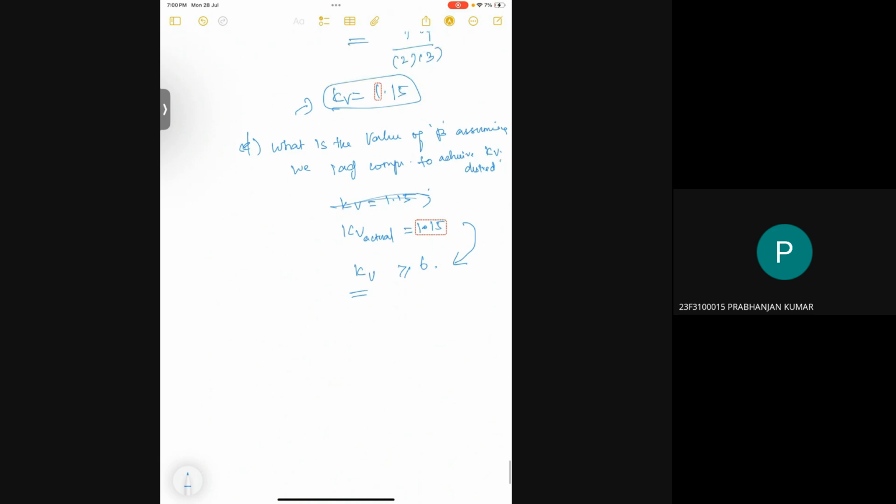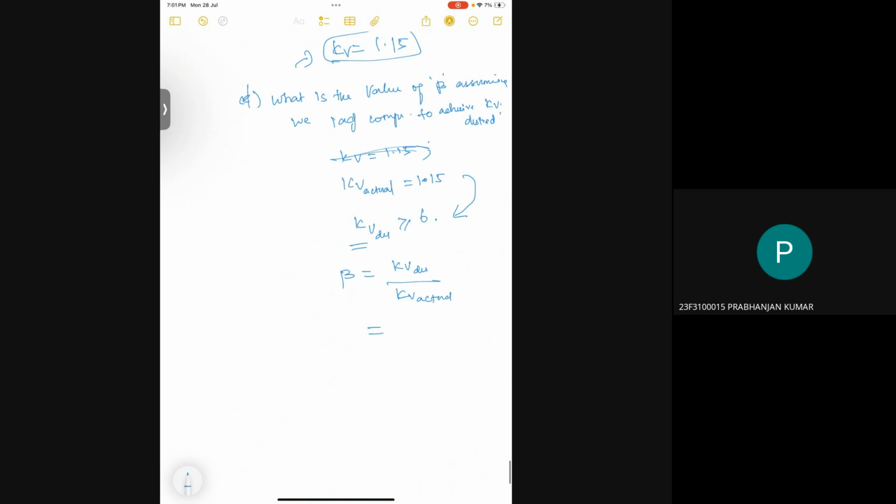Right? Beta is very simple. Since we know the compensated value, the actual and the desired, we can just use it as a ratio. So this is the desired divided by actual. Beta is a ratio of desired versus actual. If you don't know the Kv, then this will be an indirect problem to solve. You have to find the time constant, and from the formula you have to find the beta.